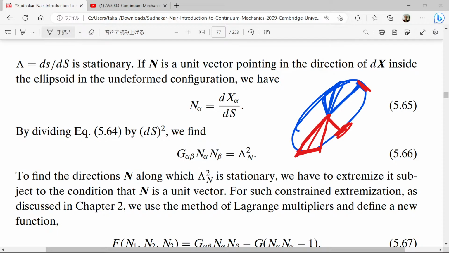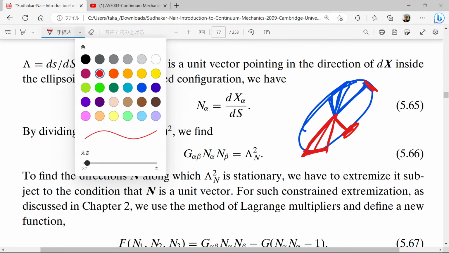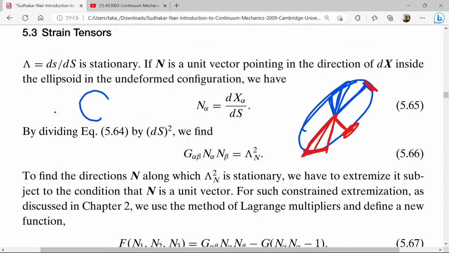For material coordinates, we have a sphere. Then we want to know the unit vector pointing outside, the direction unit vector of dx.